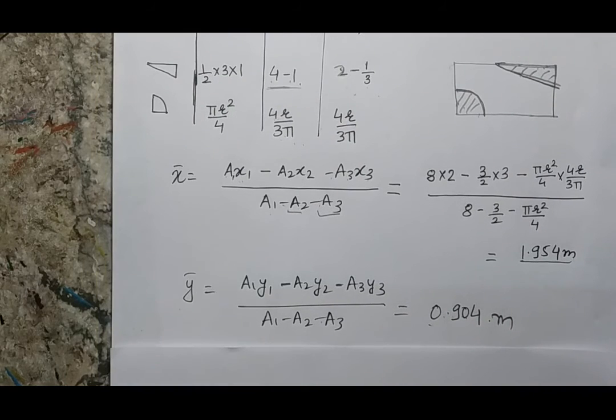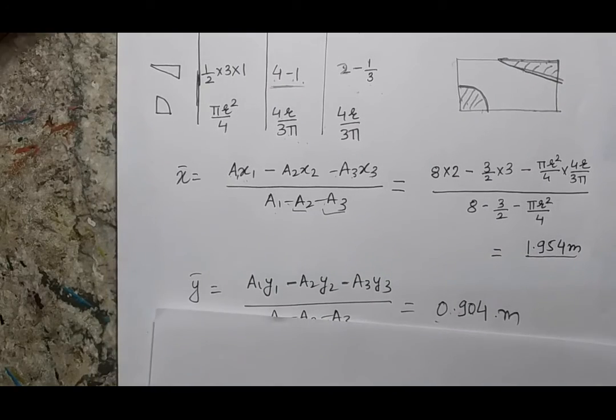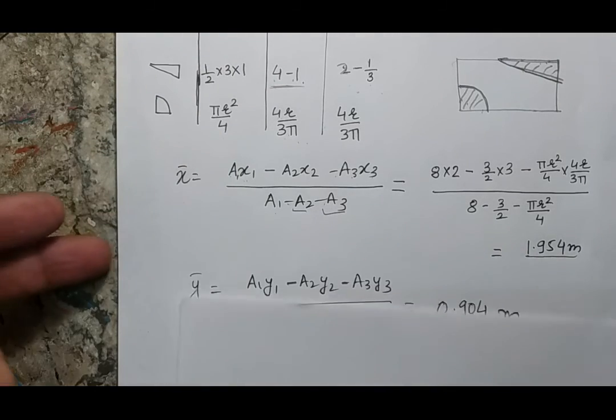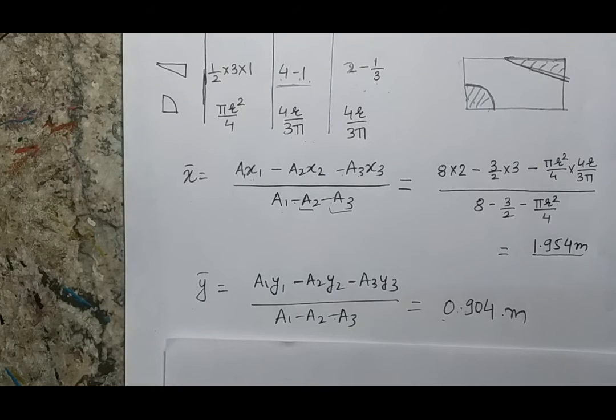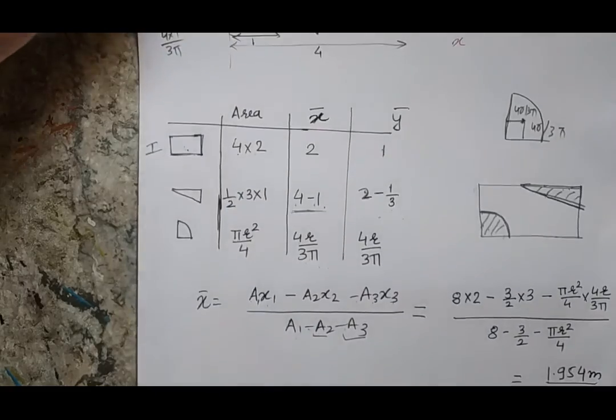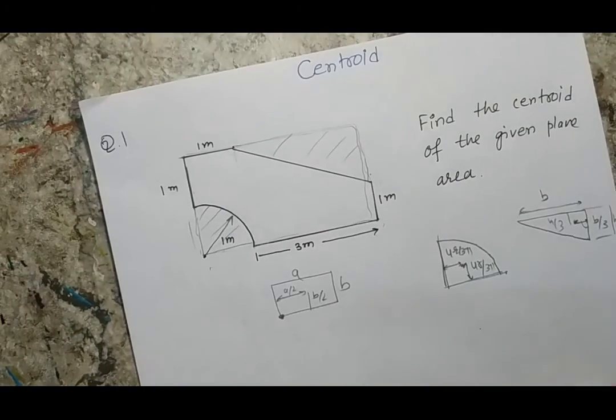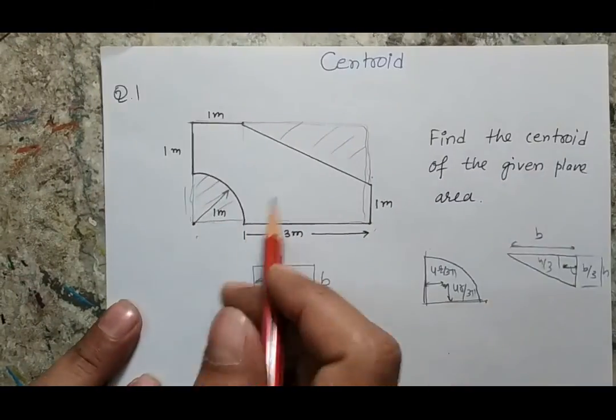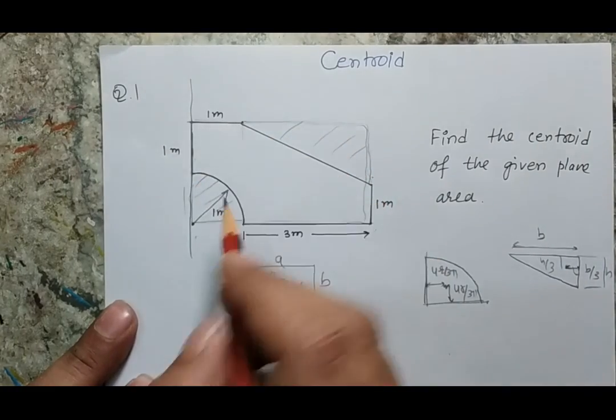Once you calculate the centroid, I always request my students to put the centroid on your actual body and use your intuition to check whether this is correct or not, because we have an intuition that the centroid will lie somewhere in this area. So I know that one answer is 1.95 and one answer is 0.9. If I put these two values, this is my actual section and these two are my references.